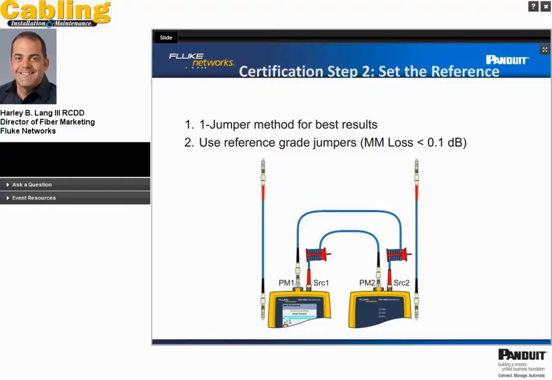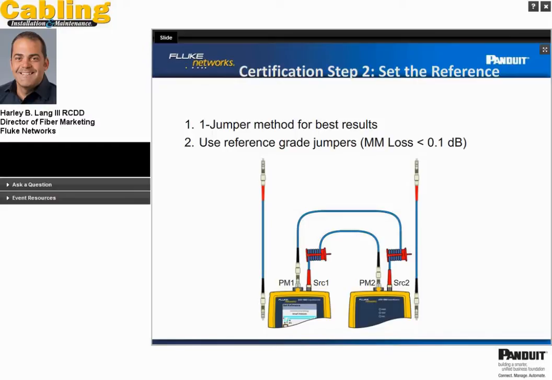The important thing is that we're just determining the power output of the optical source, so that once we install a fiber under test, we know what our source output is and can compare the difference, and that's how we get our loss.